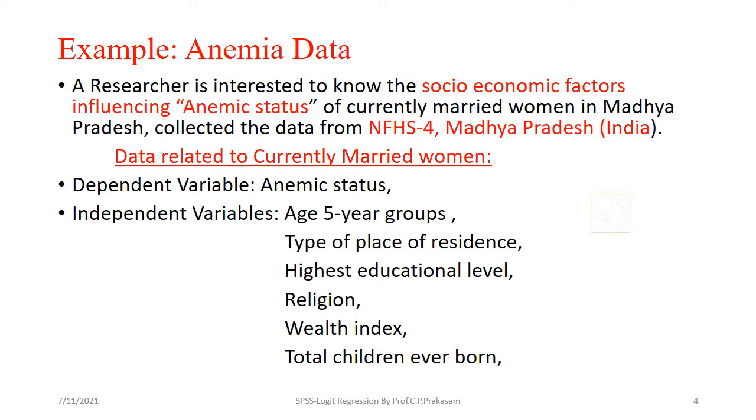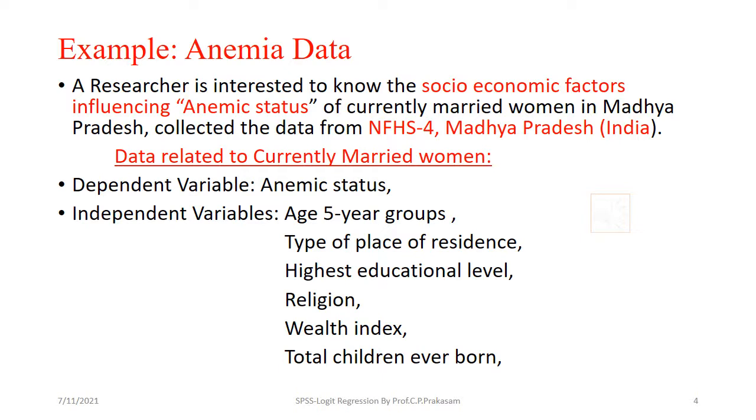The dependent variable is anemic status, and the independent variables are age in 5-year groups, type of place of residence, highest education level, religion, wealth index, and total children ever born.